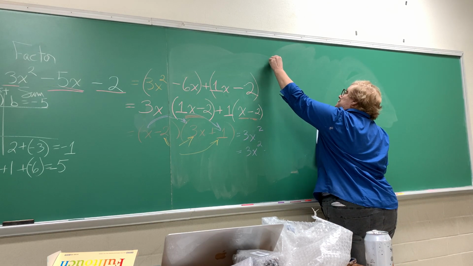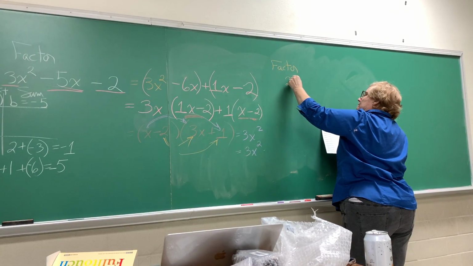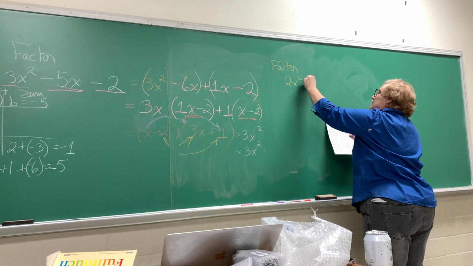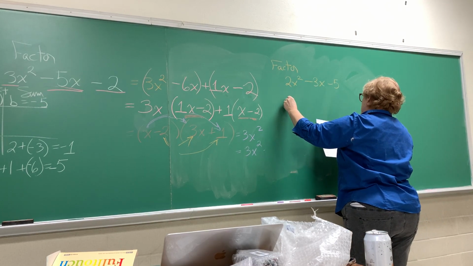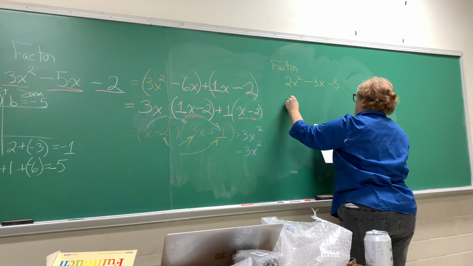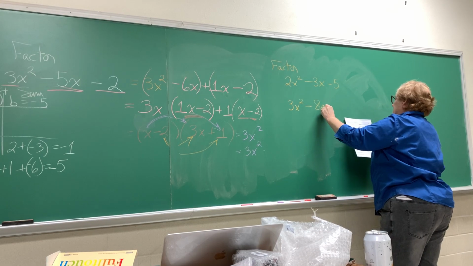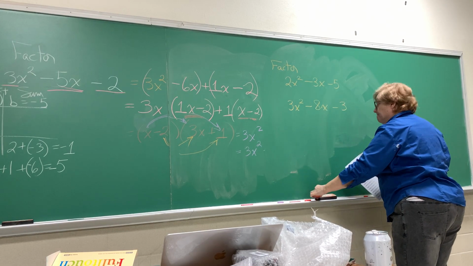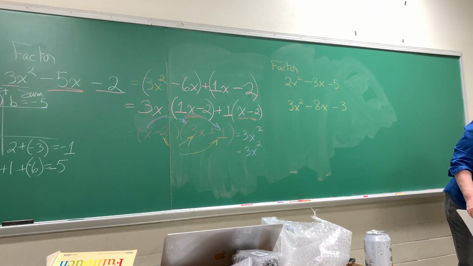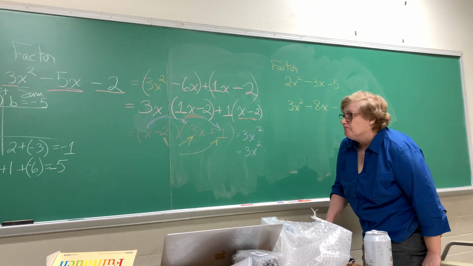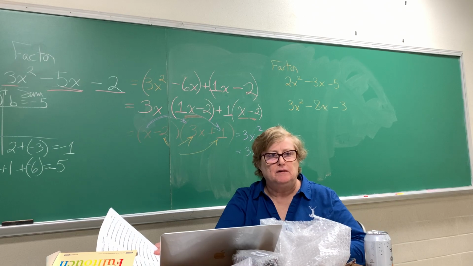So let's factor 2x squared minus 3x minus 5, and then factor 3x squared minus 8x minus 3. And if you want, Danielle, you can pause the recording.